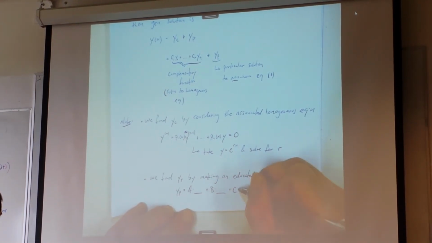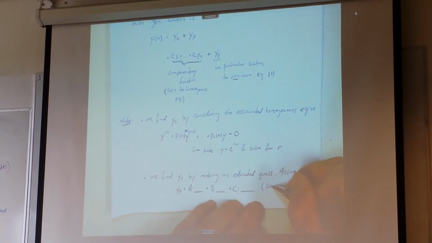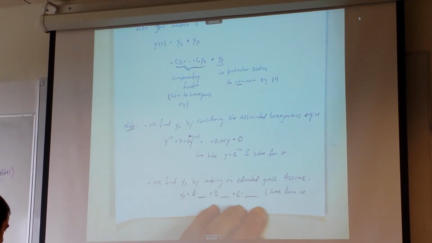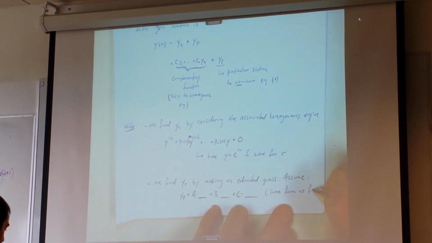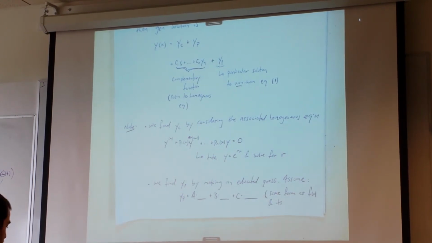So these just represent some terms. Same form as f. Of course, as with everything else, there are exceptions, but we're going to start with doing some of this educated guesswork. So same form as f of x and its derivatives. We want to include any terms that may appear as the derivative of f of x too.